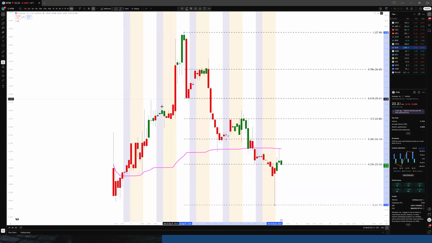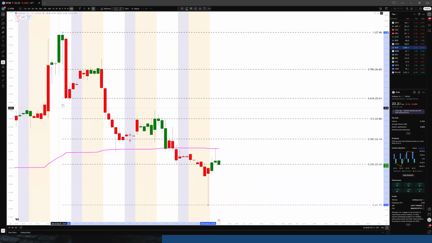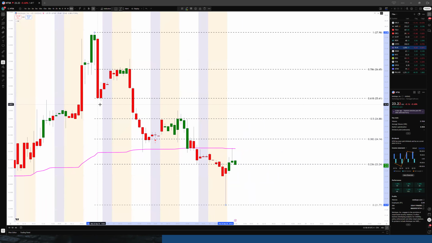But look how beautiful this actually looks on the retrace. Where's the retrace for the 618? It's on that big move lower. Where's the 78.6? It's at this previous high, in pre-market data. This structure on the Fibonacci sequence literally lays out every area where you could probably see resistance on a move higher.